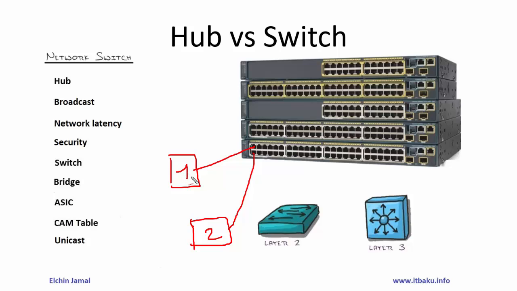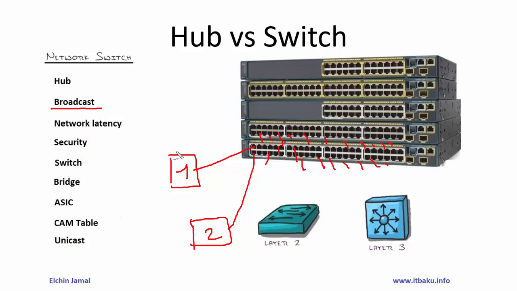Computer 1 is going to send some information to computer 2. So it sends a signal to port 1, and the hub retransmits this signal to all ports in this hub. This type of signal is called a broadcast signal.